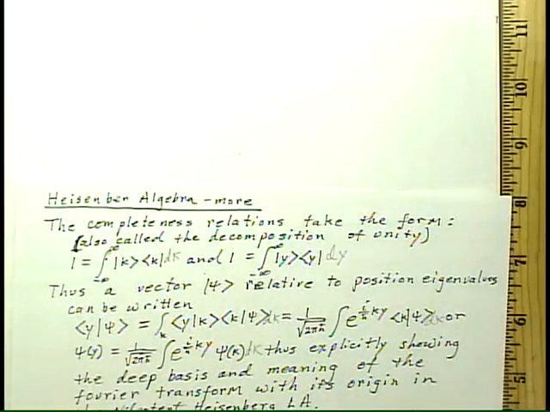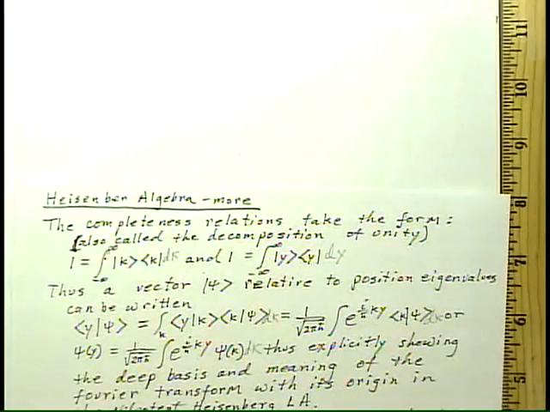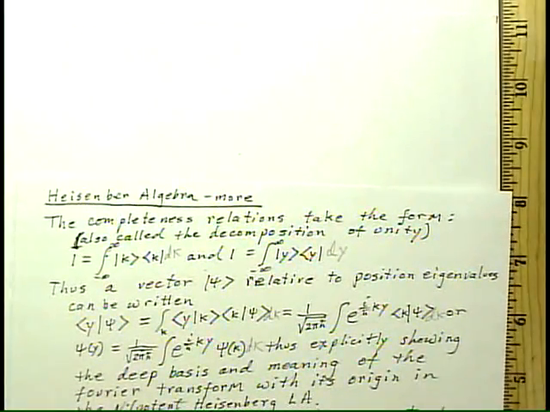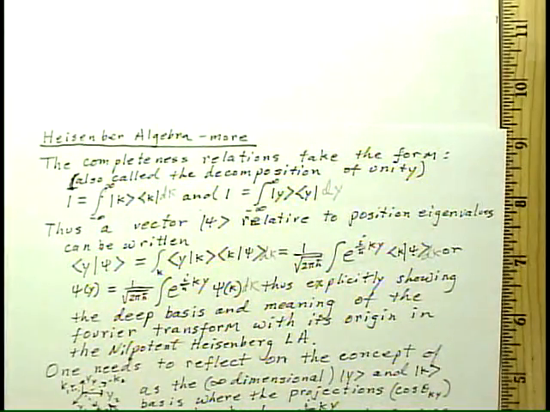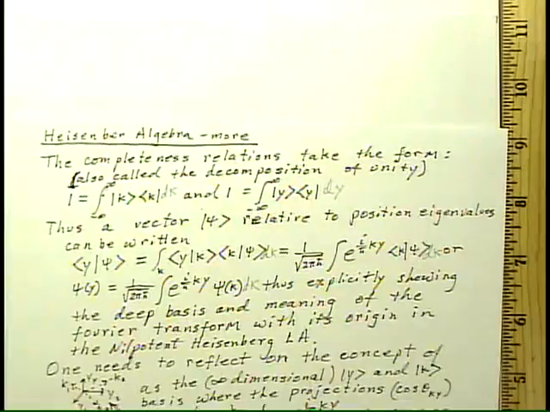That is why in the previous lecture we said the projection of y onto k as this exponential gives us the Fourier transform as a relationship between a vector's components in one basis and a vector's components in another basis. This explicitly shows the deep basis and meaning of the Fourier transform with its origin in the nilpotent Heisenberg-Lie algebra.